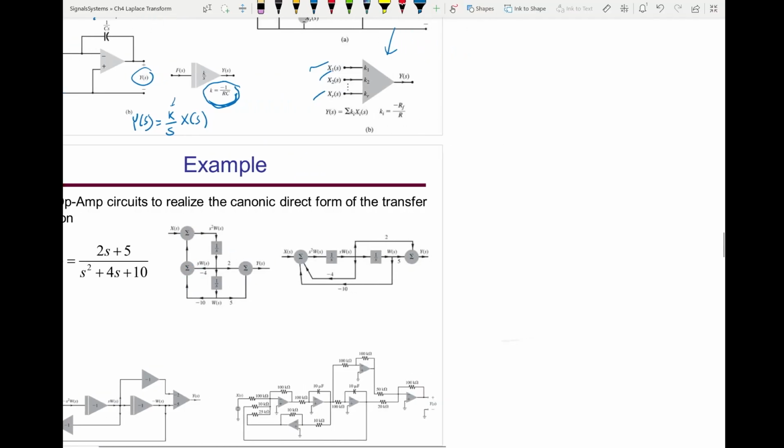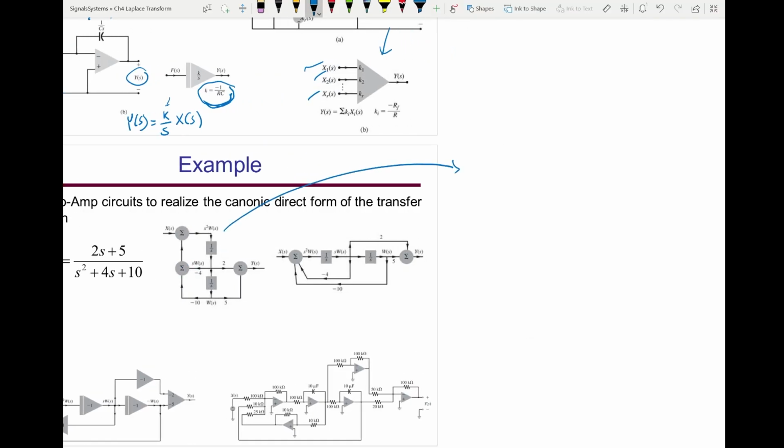If I want to draw this, this summing amplifier will add these two components and the output will be added to X of S. So all I need is one summing amplifier with these 3 inputs: the input X of S, this coming here the -4, and this here the -10.